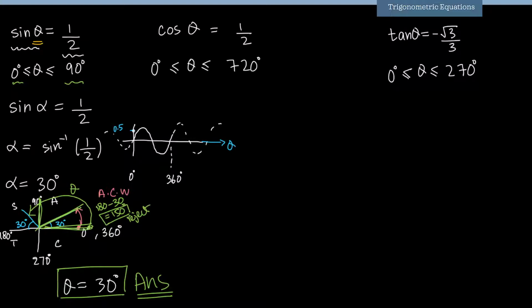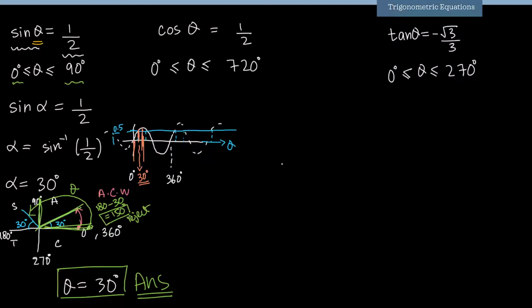I needed to find the values of theta that would give me the value of 0.5. So I would get these values. If I keep on drawing my graph, I would get an infinite number of values for this 0.5. But since I'm restricted to this domain of 0 degrees up to 90 degrees, which is over here, I get only this value, which is 30 degrees. So this is my answer.